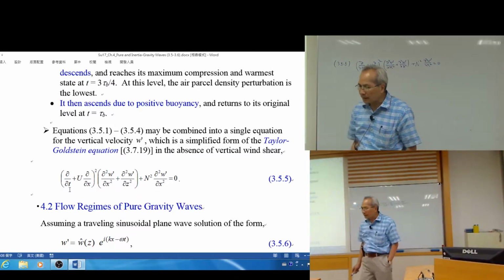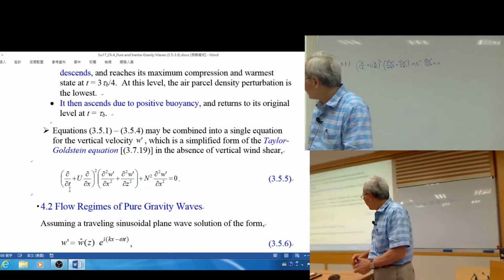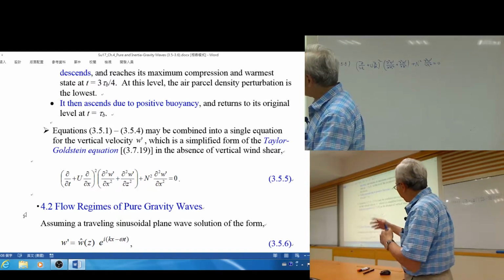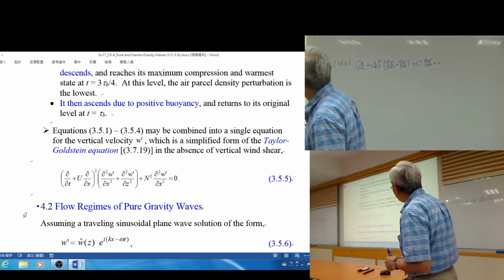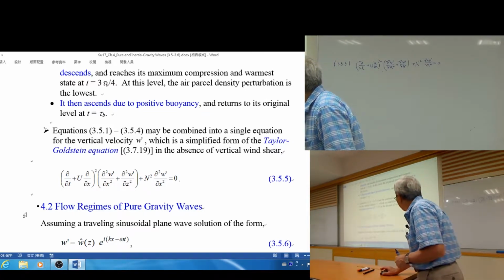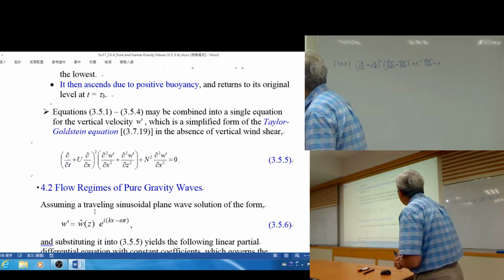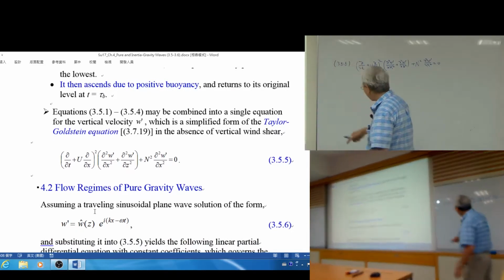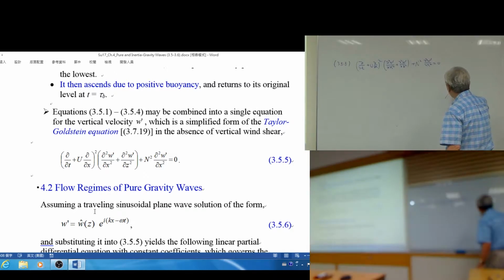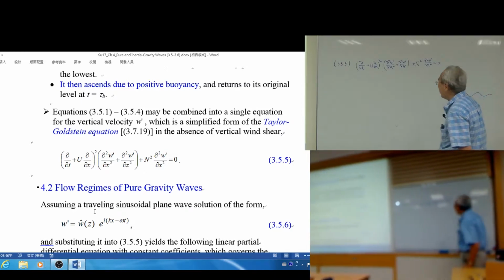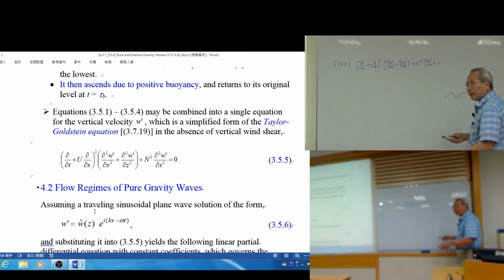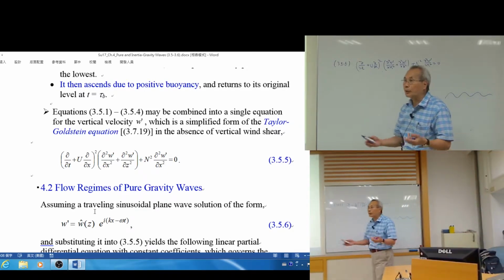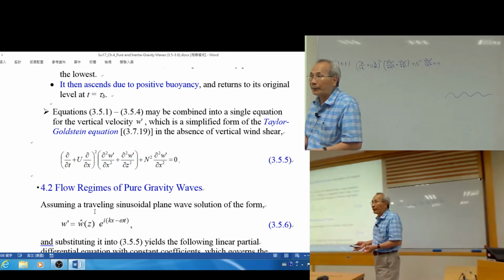So the next topic is to study the flow regimes of pure gravity waves. To do that, we assume the wave is sinusoidal in the x direction, either a sine function or a cosine function, no matter which one. Normally we just use a sine function; some people use a cosine function, it's fine.